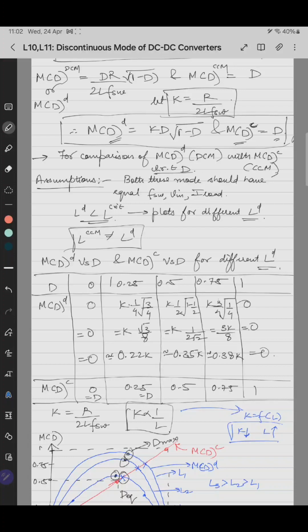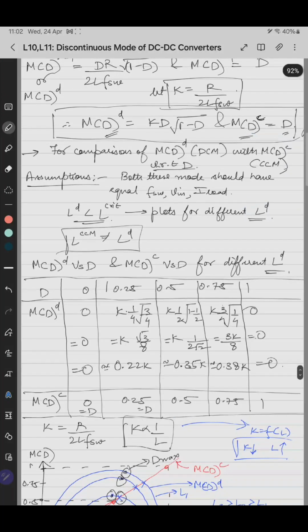The only thing is that the converter operates in different modes, and the reasons for discontinuity in the buck converter can be two. First is insufficient inductance, that is inductance less than L critical. Second is no load or very little load. But the rest of the things should be similar if we want to compare M of D for continuous versus M of D for discontinuous conduction mode.